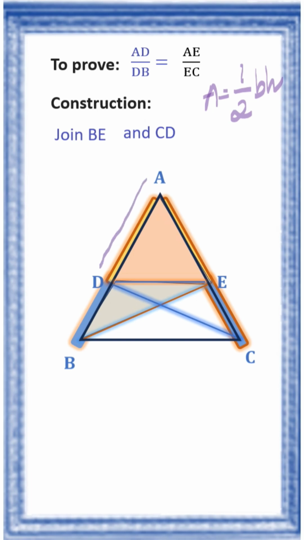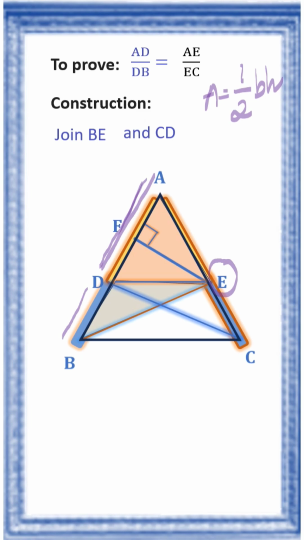This triangle, BDE also, can have the same perpendicular. So now we have to draw a perpendicular from the opposite vertex. The opposite vertex to AD is E. So from E, drop a perpendicular to AB. This perpendicular serves as height for both the triangles.